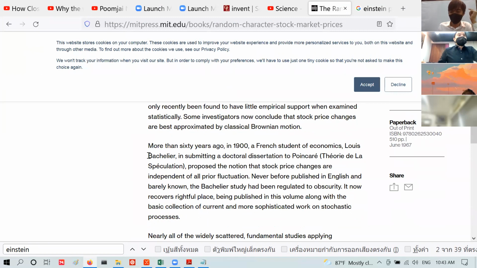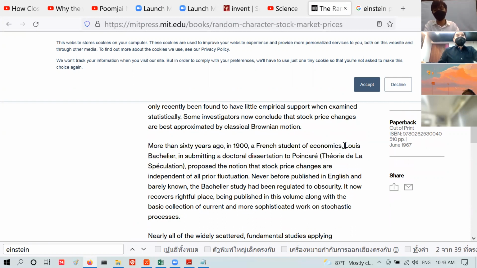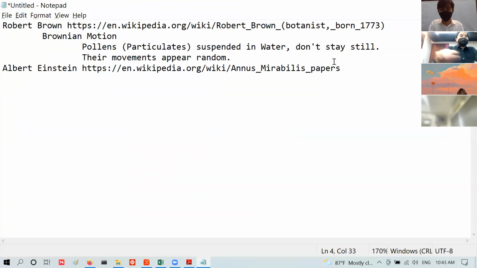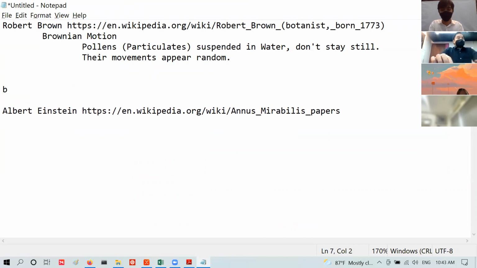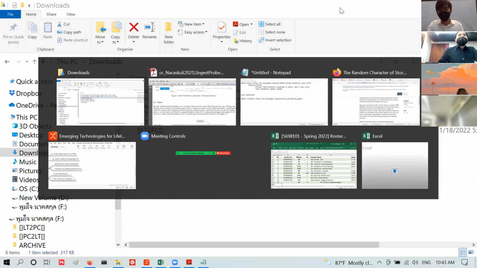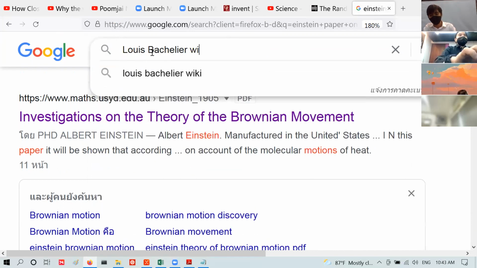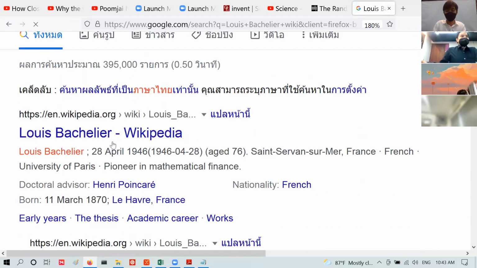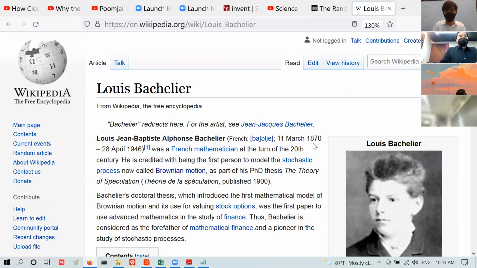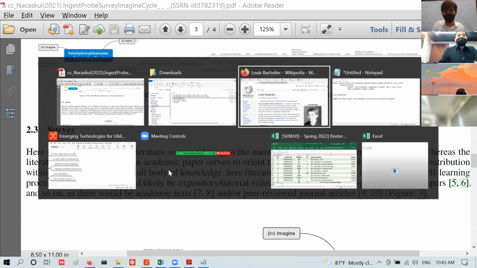I don't want to get his name wrong: Louis Bachelier. Let's see if he has a wiki page. He does. He does have a wiki page. So that's good.